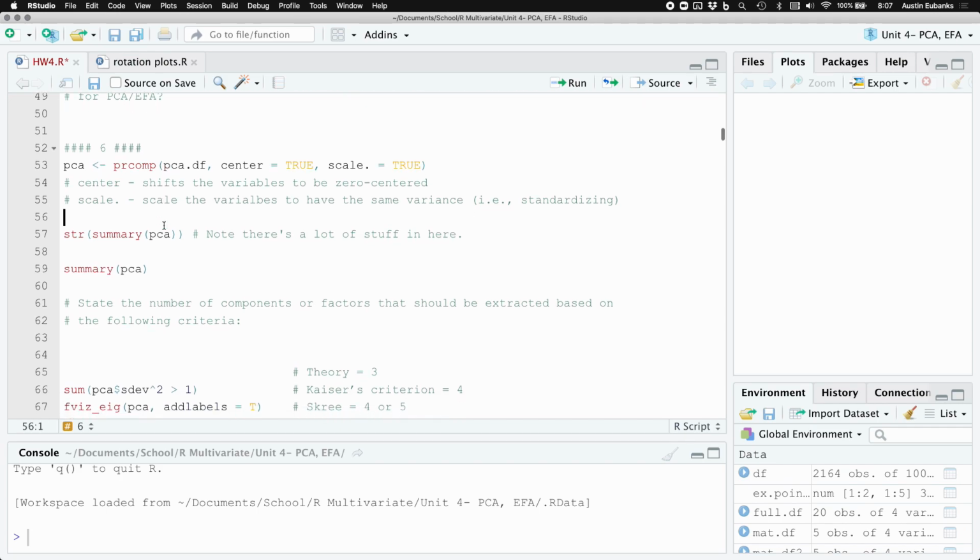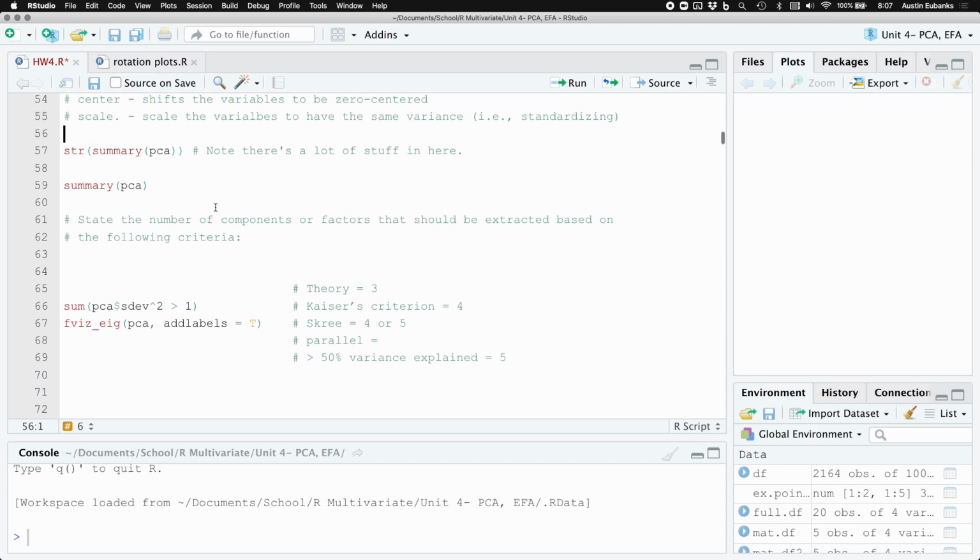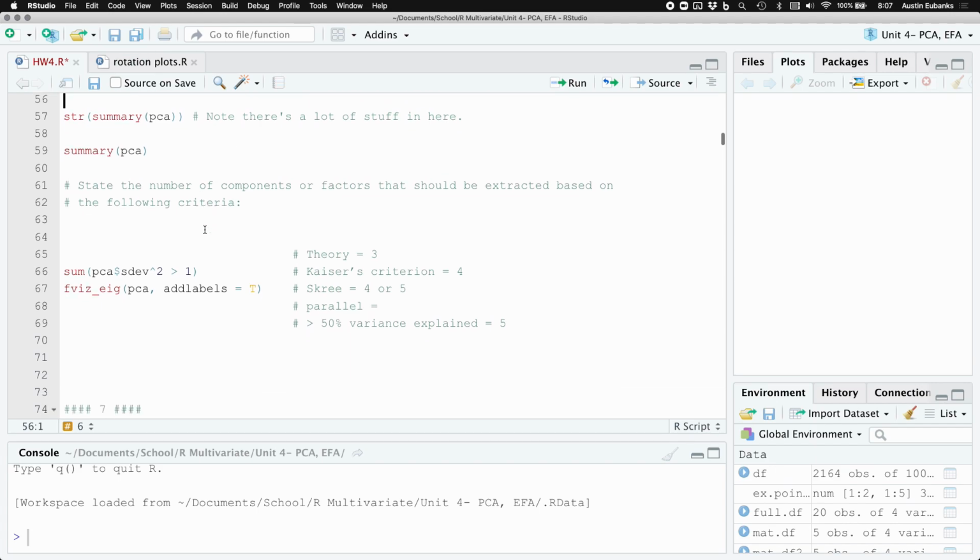Works for me. Cool. And then we got into our different ways of thinking about the number of components that we would use. Based on the theory, we would expect there to be 3 components because we're looking at the self-esteem, depression, and discrimination scores.